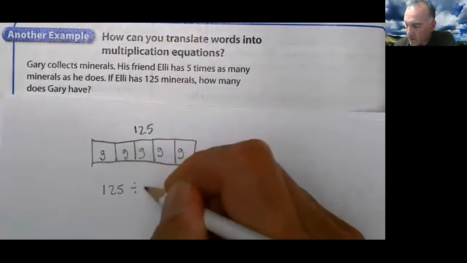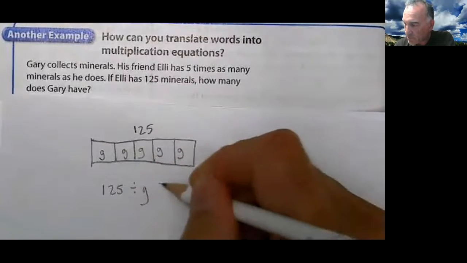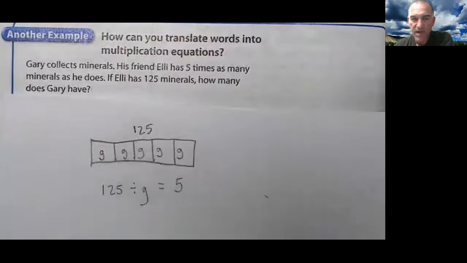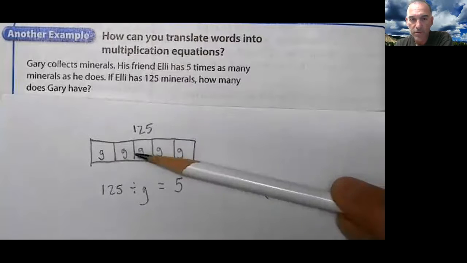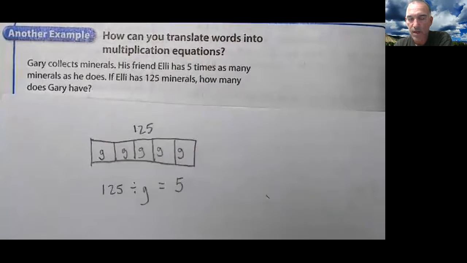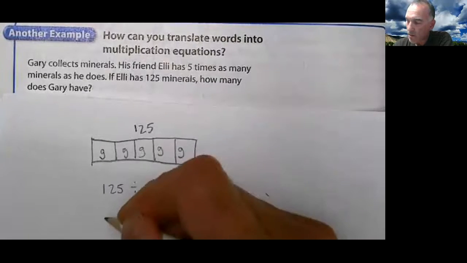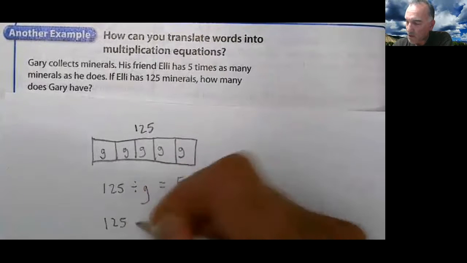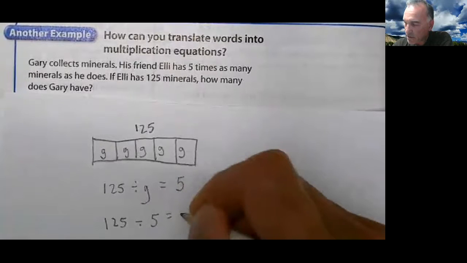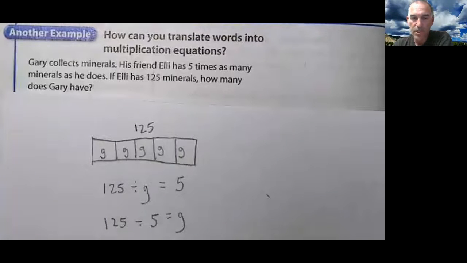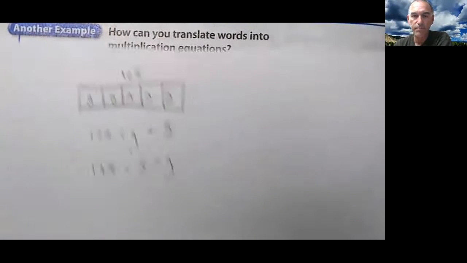Once I have that, then I can go 125 divided by G equals 5. I got the 125 right there. There's the variable. There's 5 boxes there. Or I could do 125 divided by 5 equals G. I'm going to slide it up.